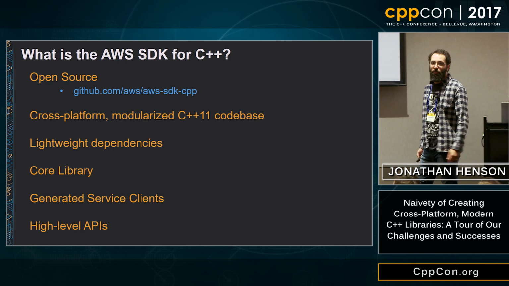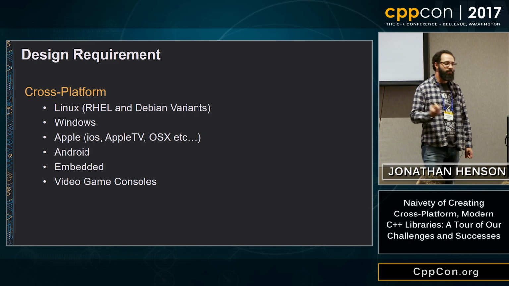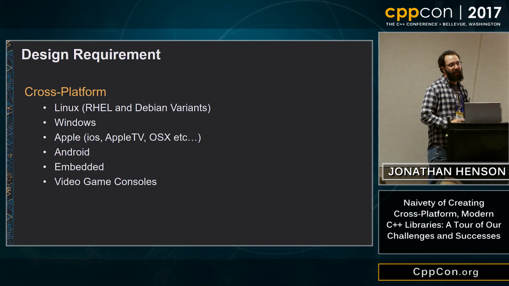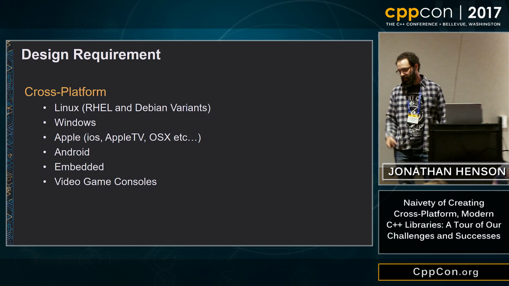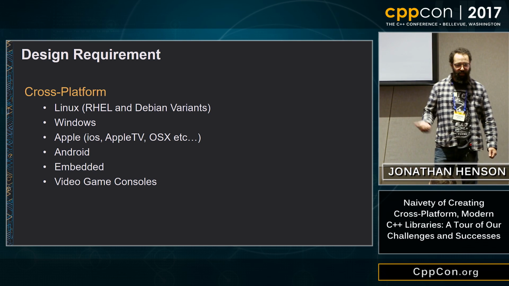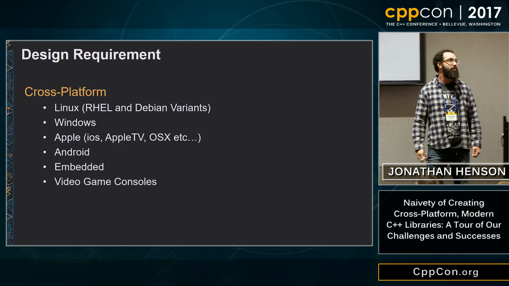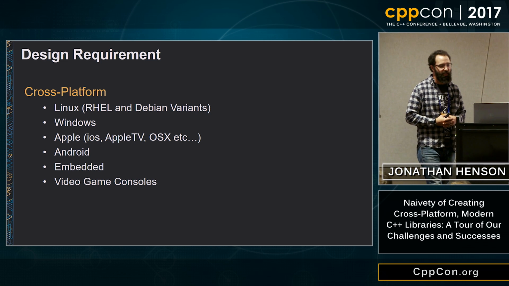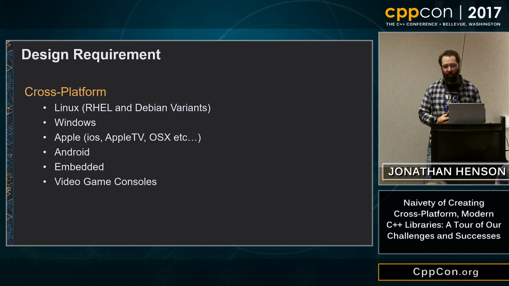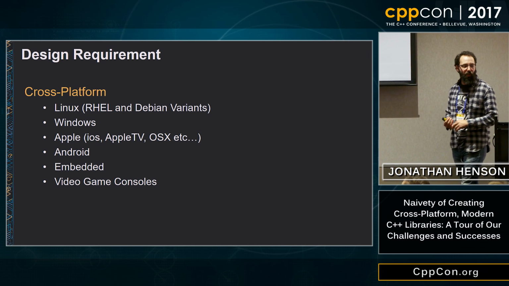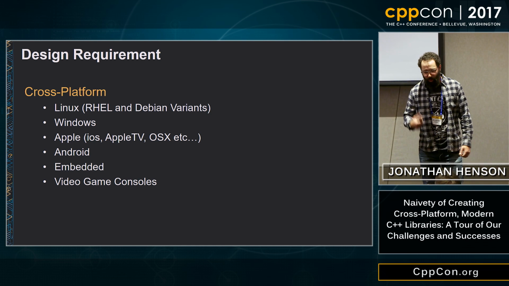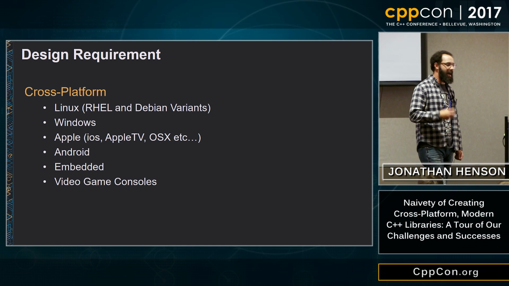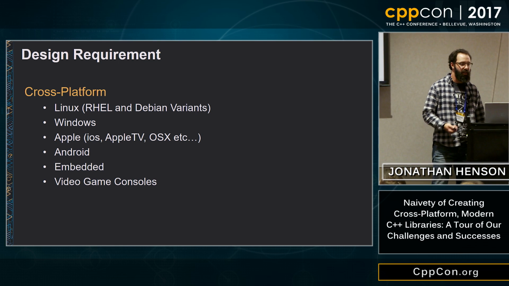So our first and foremost design requirement is that it was cross-platform. And this meant that we are going to need to support Linux, both RHEL and Debian variants, as well as some vintage Linux distributions, as well as the more modern ones. We're going to support Windows Desktop and Windows Mobile, Apple, so iOS, OS X, Apple TV, Apple Watch, and so on.